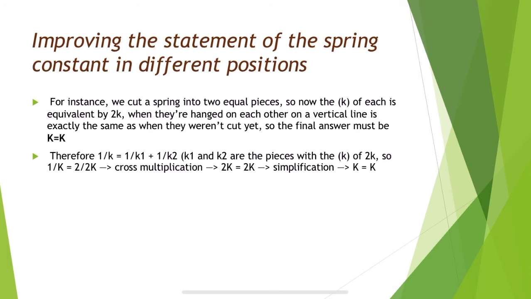K1's spring constant is 2K, so 1 over 2K plus 1 over 2K, because K2 also has the spring constant of 2K. So 1 over 2K plus 1 over 2K is equivalent to 2 over 2K. And now cross multiplication, we are going to get 2K equivalent to 2K, and then simplification, K equivalent to K, when we are dividing both sides by 2.